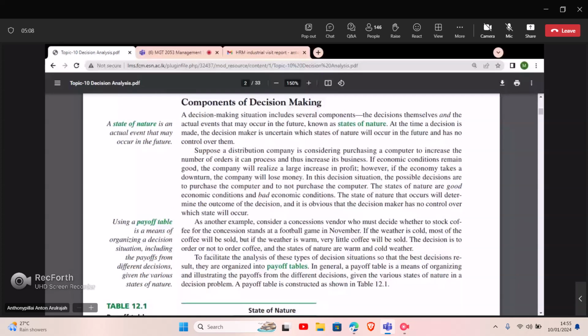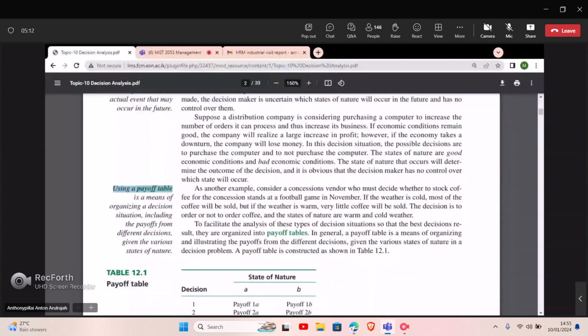A payoff table shows how much we can gain due to some occurrence, in monetary terms: how much we can gain, how much we can lose, what the profit is. That is called a payoff table.